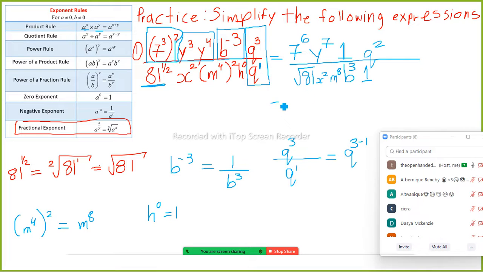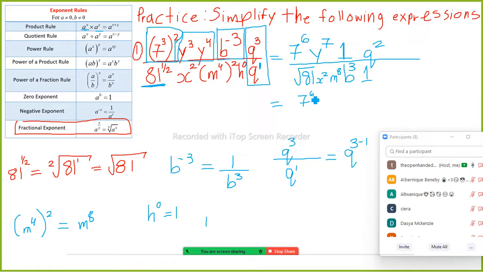If you look at it, 1 times 1 is 1, 1 times 2 is 2, 1 times 3 is 3, and so on. It's still the same answer, so we're going to remove the 1.